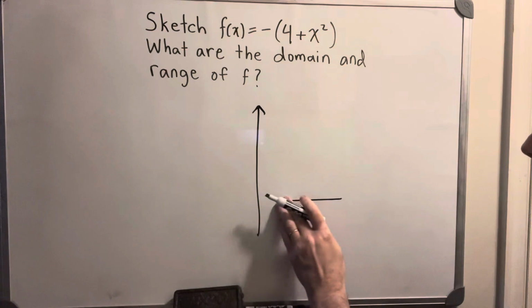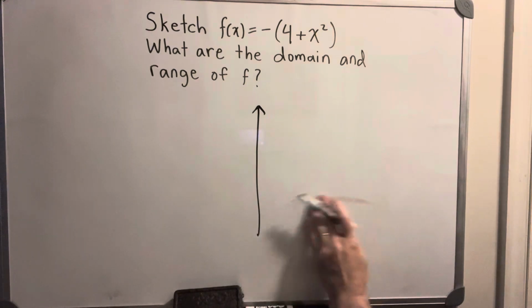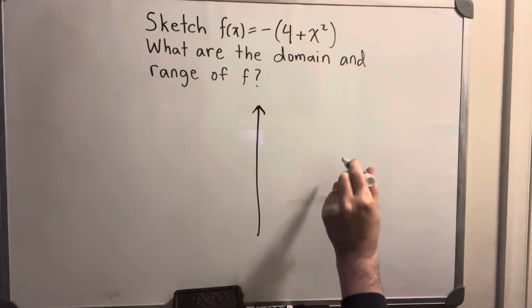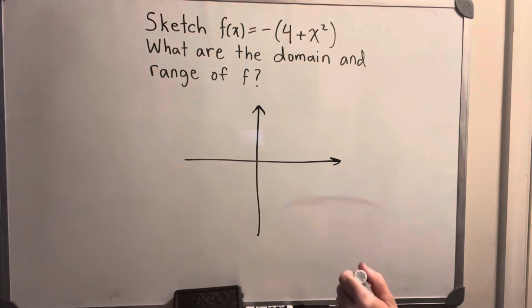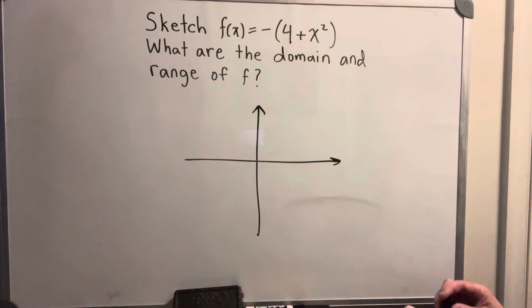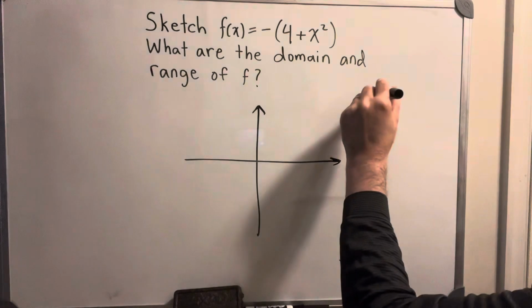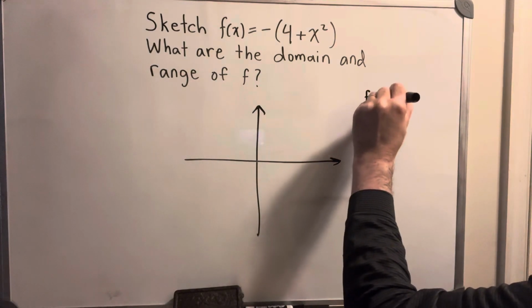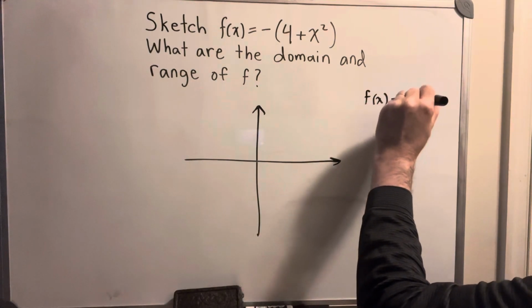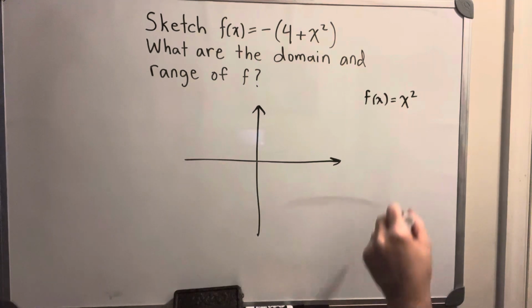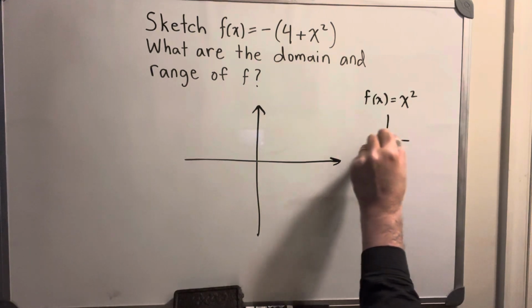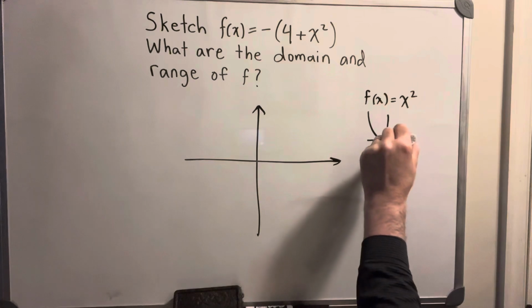Let's start to draw coordinate axes. So if you know the function, what does this function look like? If you've seen the parabola function x squared, you know it looks like this.